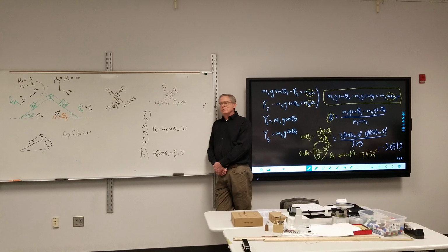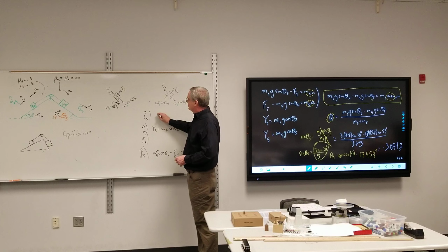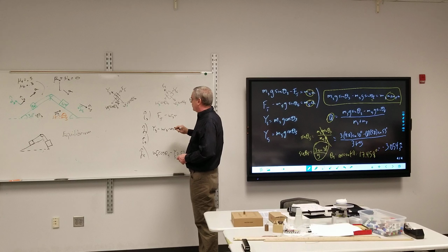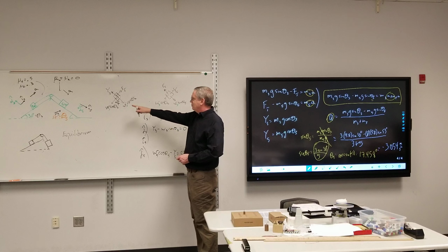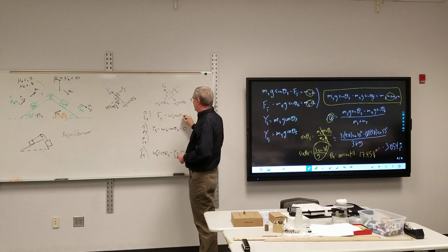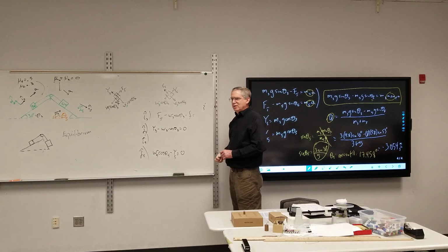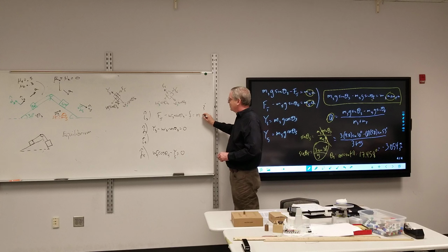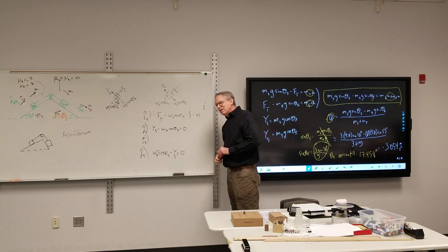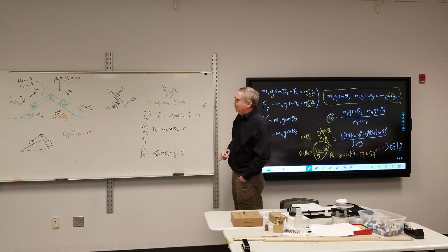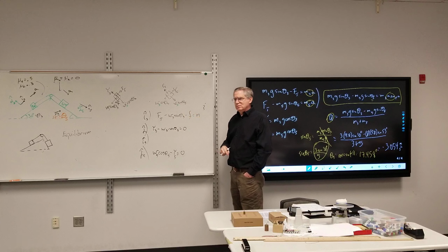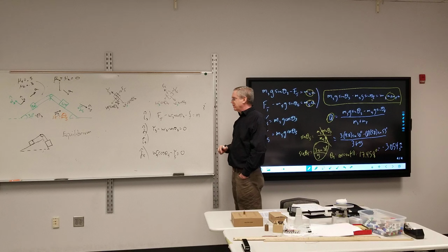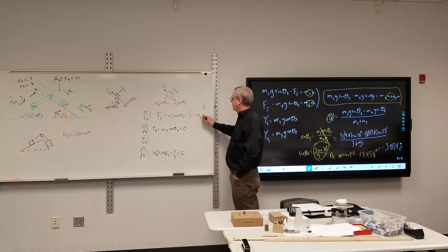Would i hat 3 be the force of tension minus weight sine theta 3 minus friction equals mass times acceleration, which is 0? And acceleration would be 0, right? No, acceleration would not be 0. We changed the angle, so it does want to slide. Okay, so just mass 3 times acceleration.